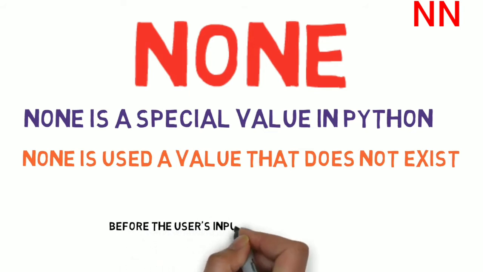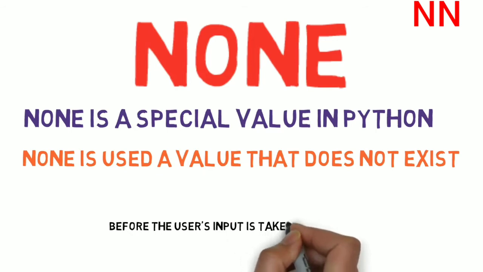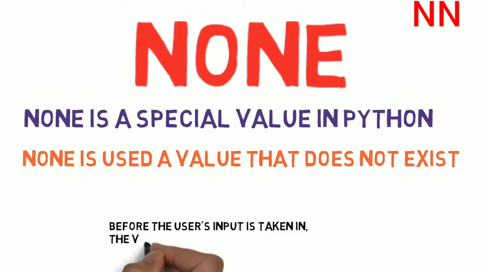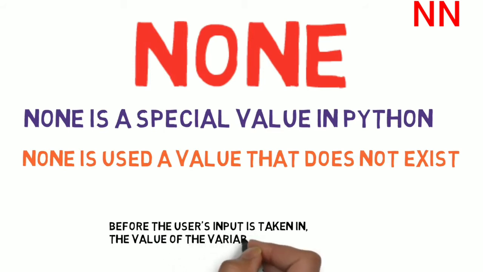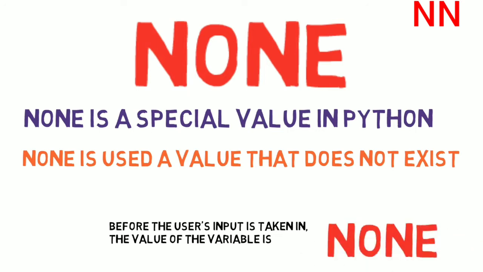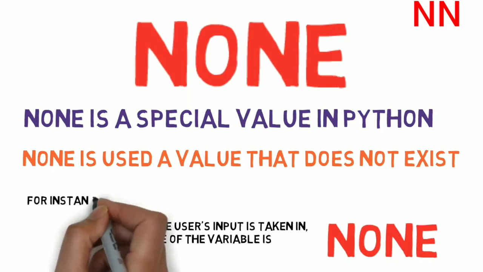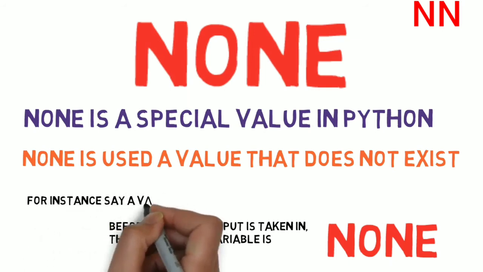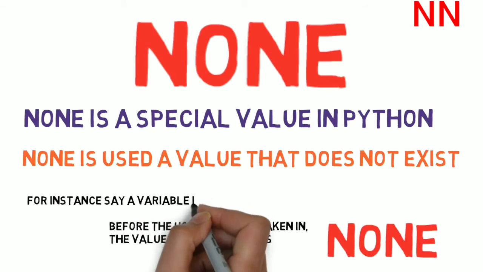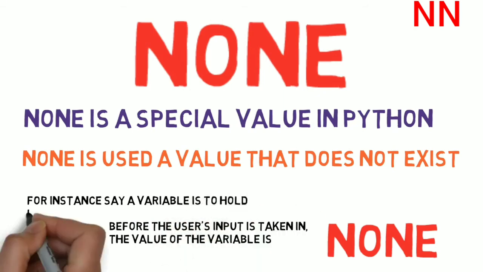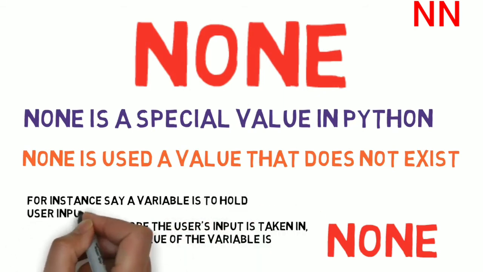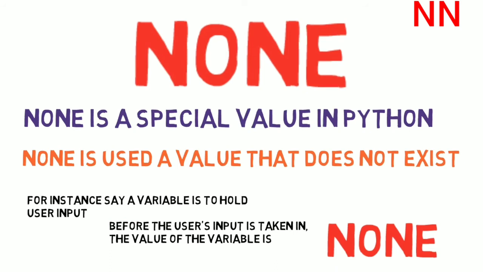So let's say you take a variable for which you have not assigned any value and try to print it. It will not print anything. And if you ask Python to print the type of the variable, it will print none.